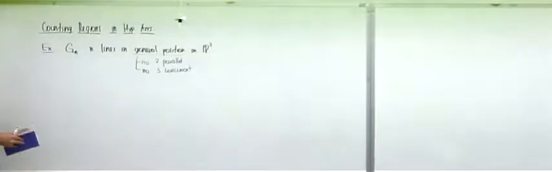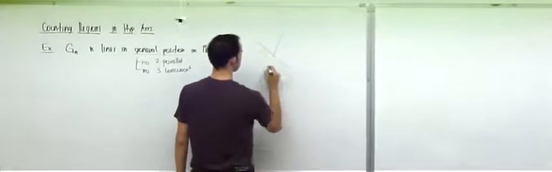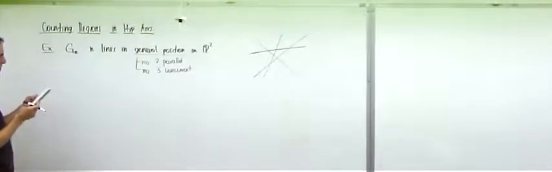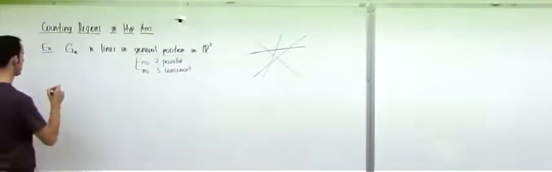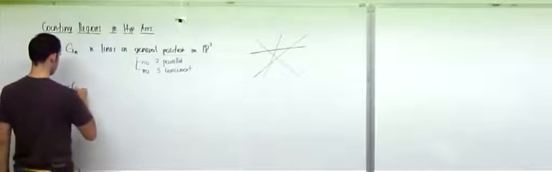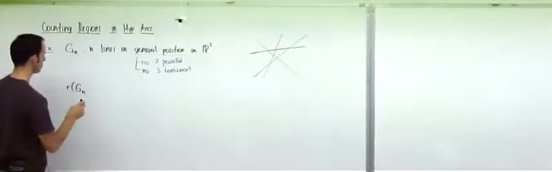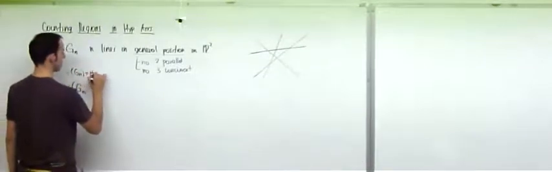Okay. So I take some lines in the plane, like this. And I want to count the number of regions. So R of Gn is the number of regions.